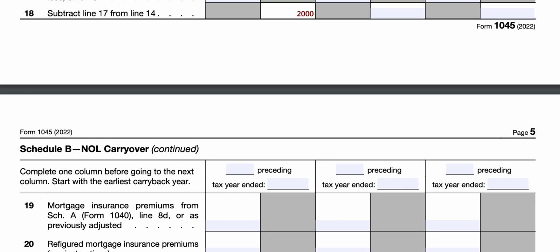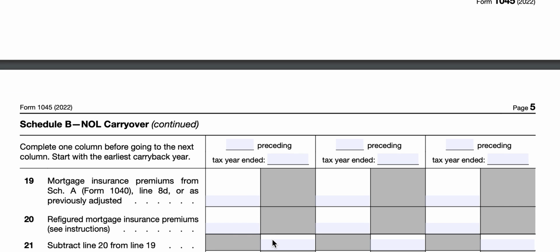For line 19, you'll enter mortgage insurance premiums from Schedule A, line 8D. Let's imagine you had $1,000 of mortgage insurance premiums.